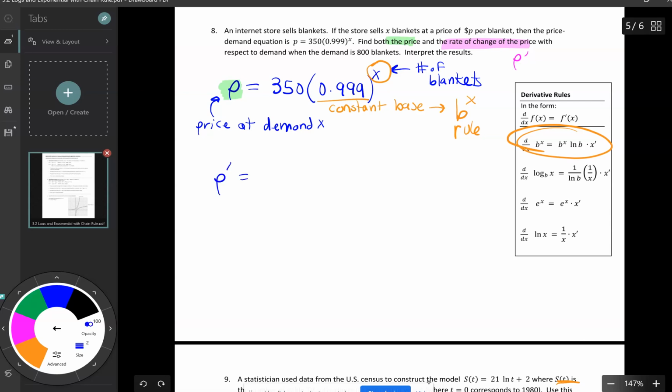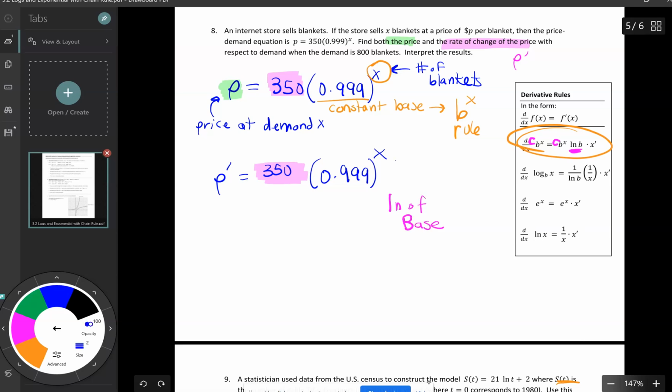When I take the derivative, again, if there's a constant in front of the b to the x, the constant just goes along for the ride. So this constant just goes along for the ride there. So I'm going to get 350. Then if the function's b to the x, the derivative is b to the x. So if my function is 0.99 to the x, then the derivative has 0.99 to the x. Then my rule says I tack on the natural log of the base.